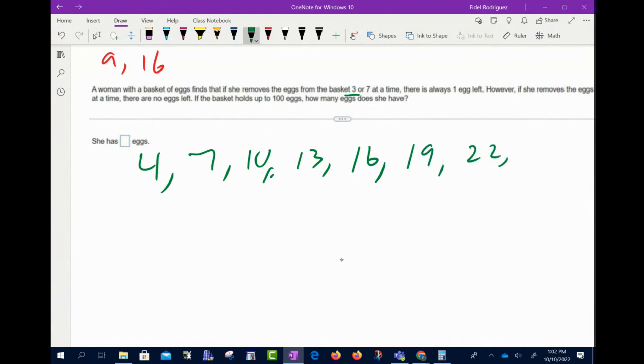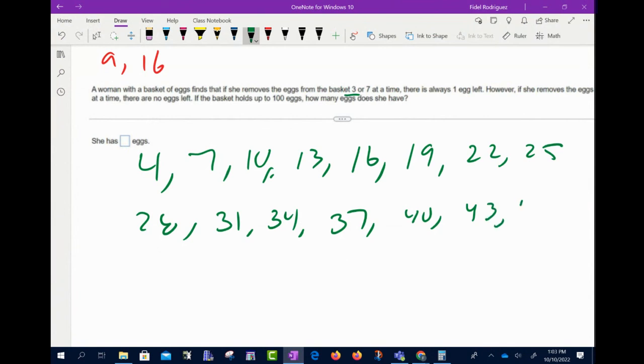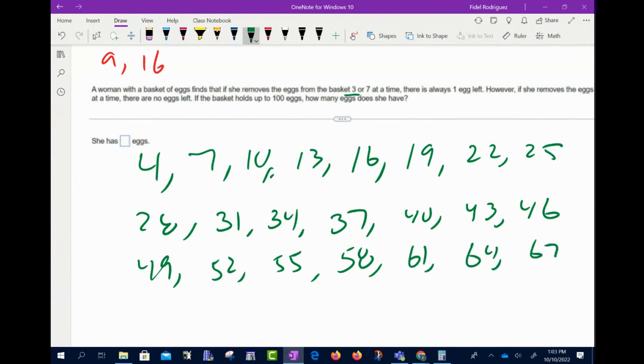19, 22, 25, 28, 31, 34, 37, 40, 43, 46, 49, 52, 55, 58, okay, let's see, 61, 64, 67, 70, 73, 76, 79, 82, 85, 88.